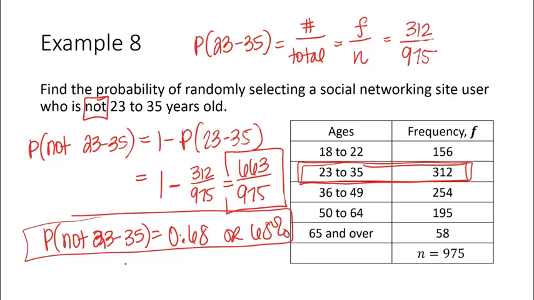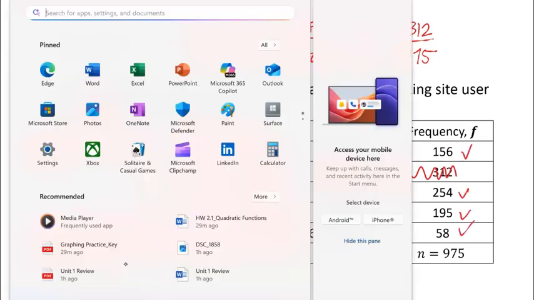Is this the only way you could have done that? Well, no. If you remember when we did the not chocolates, we just added up everybody that wasn't chocolate. If I do not want to be 23 to 35, remove that category and add up everyone else.